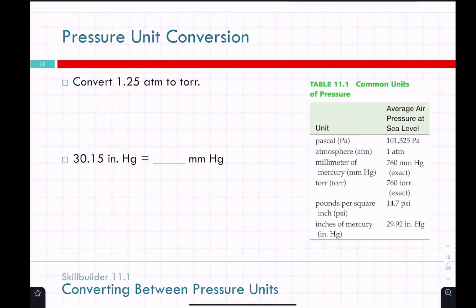So if we want to convert from atmospheres to torr, this will work out just like any unit conversion that we've done before. We just have new conversions. So if we start with 1.25 atmospheres, what's the relationship between atmospheres and torr? Atmospheres and torr are not, millimeters of mercury and torr are the same.